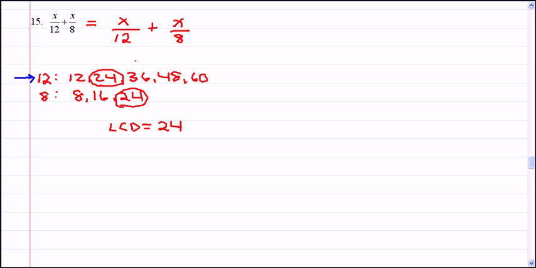And then on 12's list, 24 is the second number, so I multiply the numerator and denominator by 2. On 8's list, 24 is the third number, so I multiply the numerator and denominator by 3.